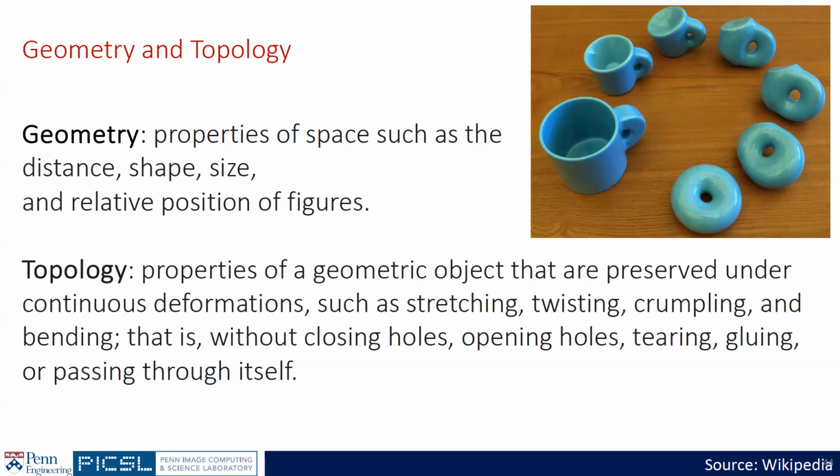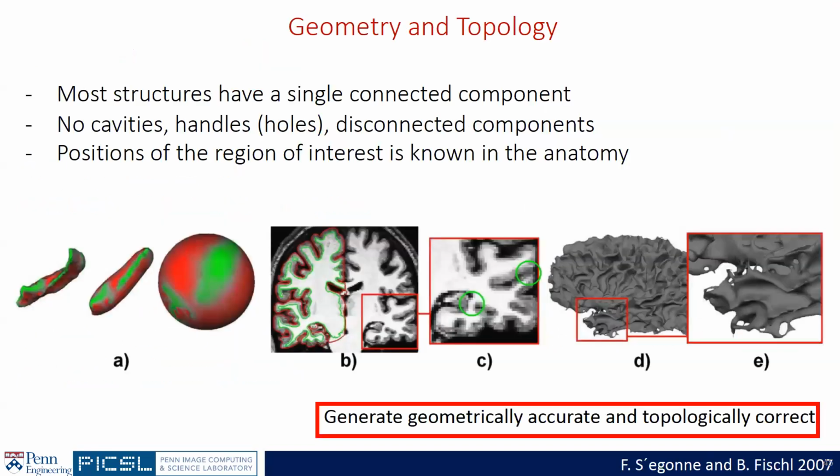Similar, not the same. Okay, so where do they appear, and why do we care about this in medical imaging, right? As I showed you the other day in the postmortem images, but now I'm showing it in an in vivo image over here. So we have a T1 weighted image.